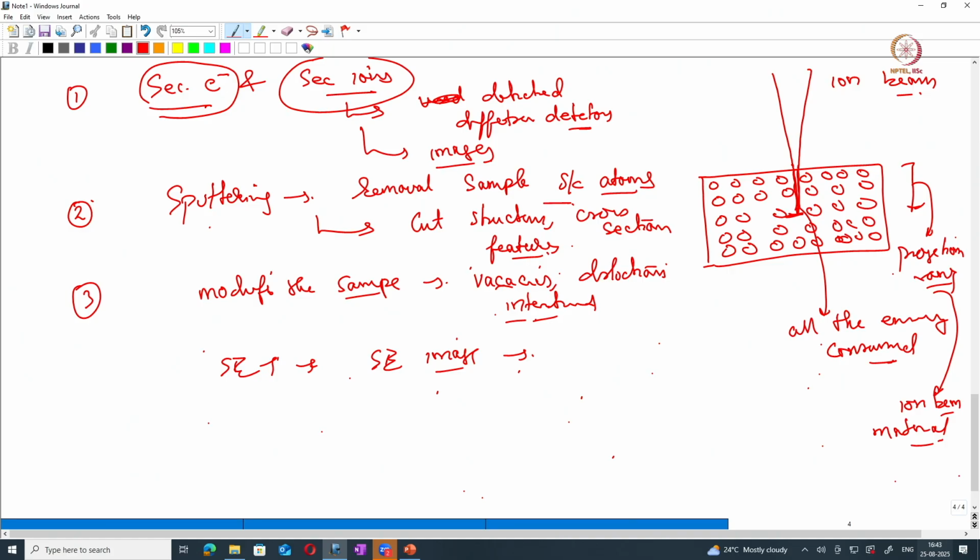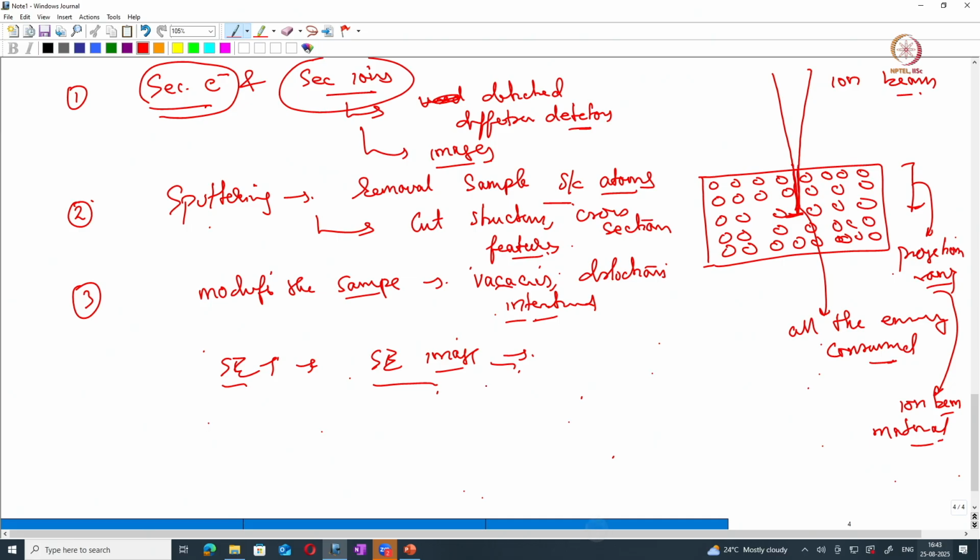In the scanning electron microscope, the electrons interact with the surface atoms, and there is a removal of valence electrons, so they carry information related to the surface topography. Similarly, by the interaction of the ion beam with the sample surface, you can generate these secondary electrons, and they can be used for imaging.